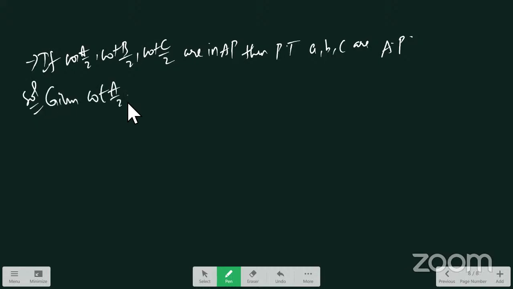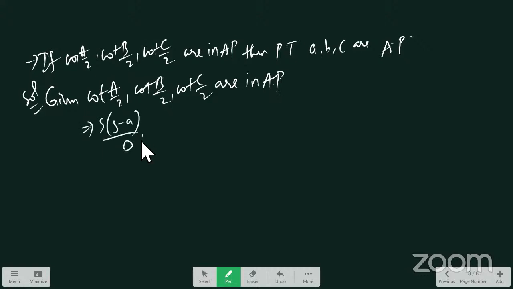Cot A by 2, cot B by 2, and cot C by 2 are in AP. What is the cot formula? That implies s into (s minus a) by delta, s into (s minus b) by delta, s into (s minus c) by delta are in AP.